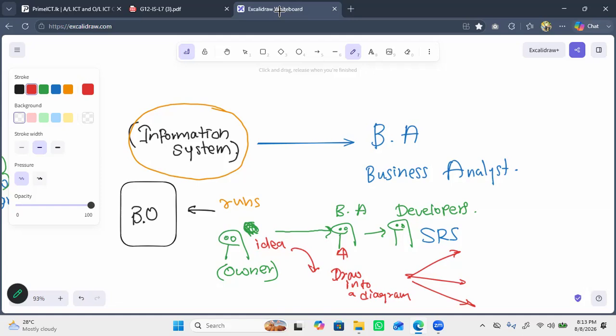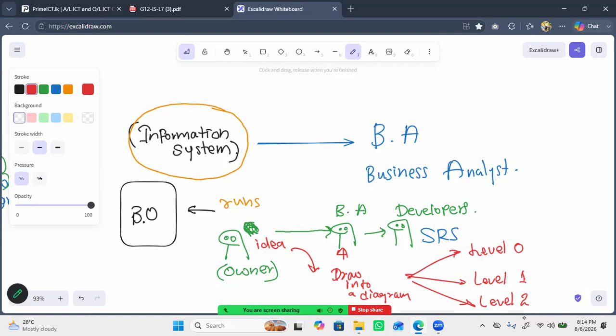DFD has 3 levels: level 0, level 1, level 2, and if you want more, you can add more levels also. There's no limit. It's up to you.